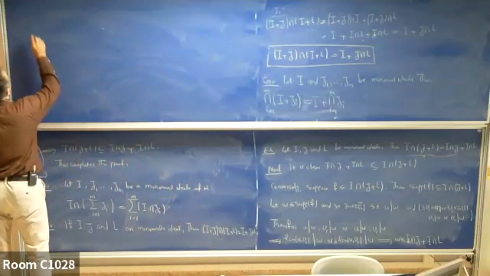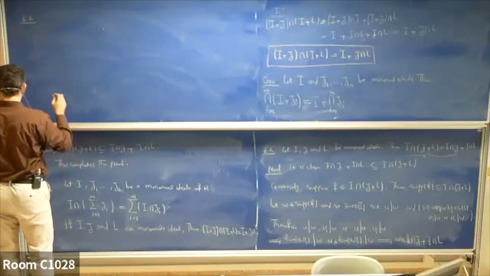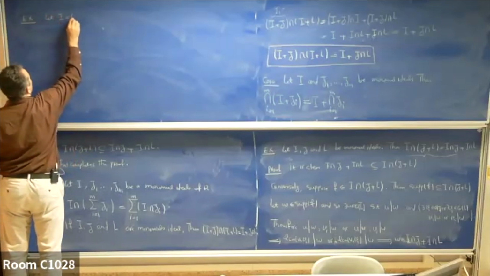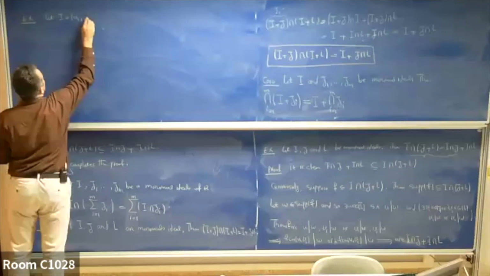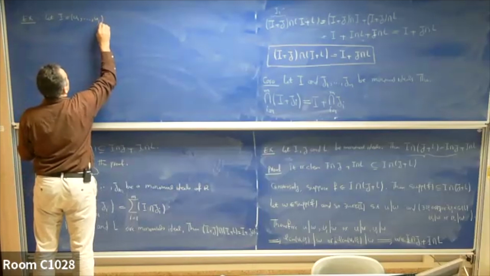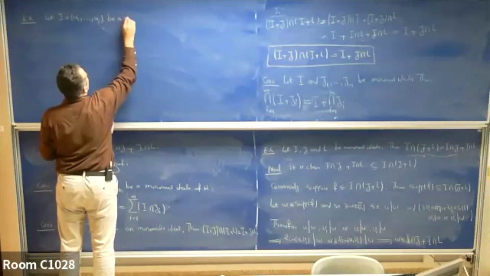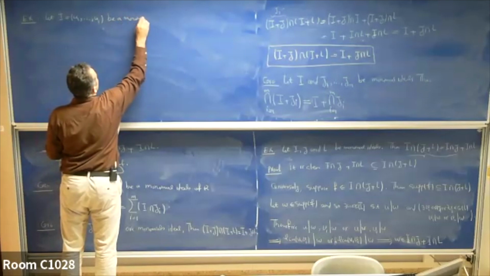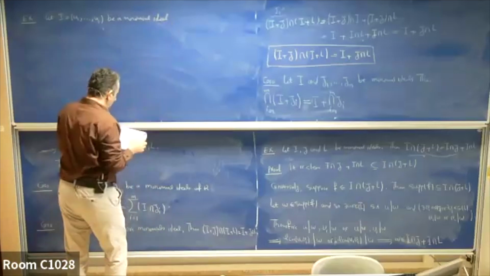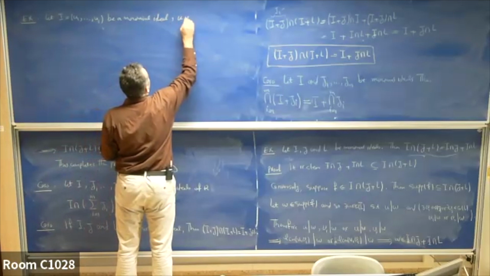And also another example. Let I = (u1, ..., ur) be a monomial ideal, and v a monomial element.